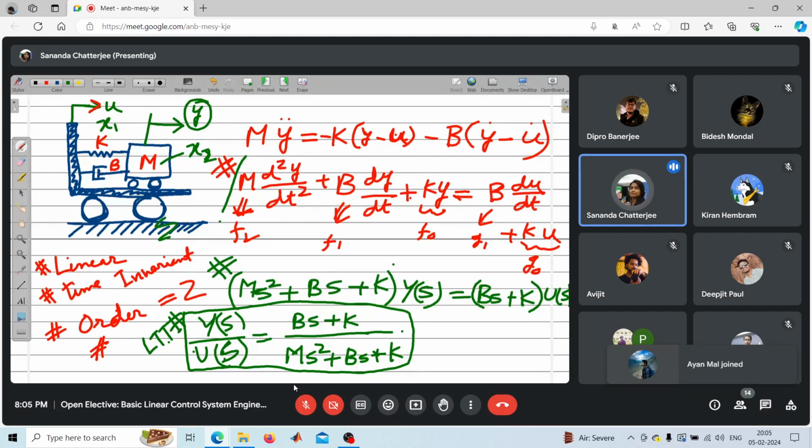So how can this internal status of the system be described? By the stored energy in K and the stored energy in M. And we have assumed that x1 is a variable by knowing which we will be able to know the energy stored in K.